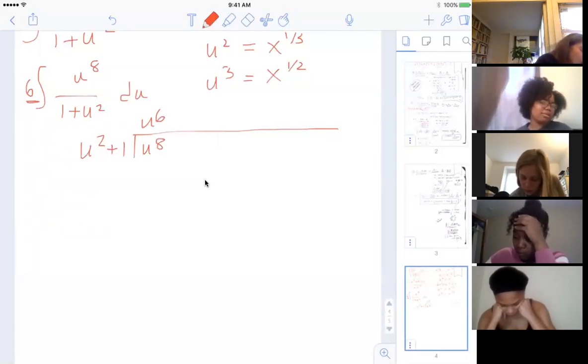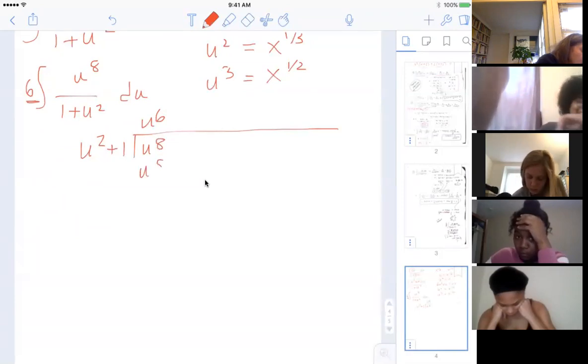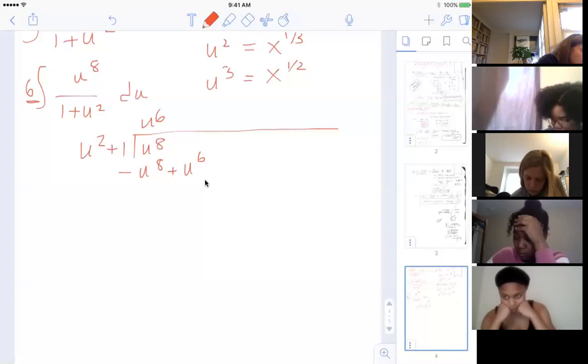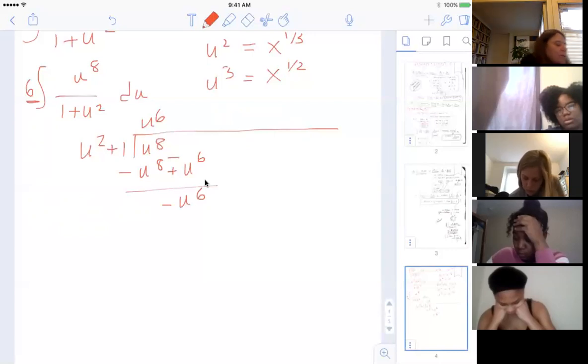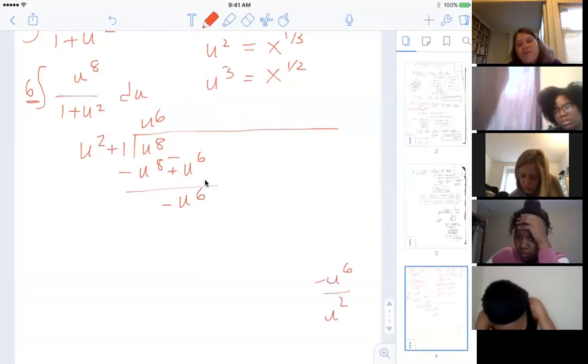If I multiply out, I get u to the 8th plus u to the 6th. If I subtract, I'm down here with minus u to the 6th. What's u squared into minus u to the 6th? Minus u to the 4th.